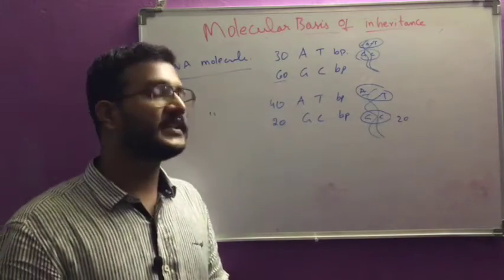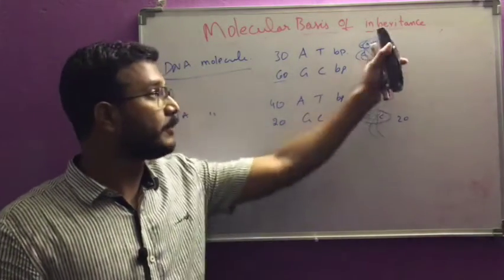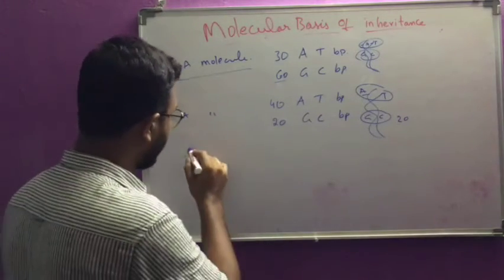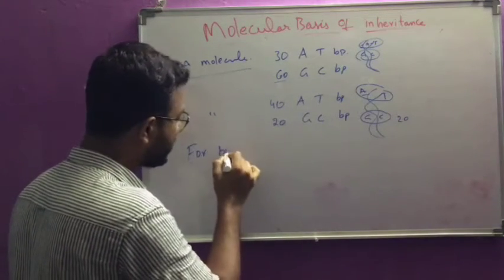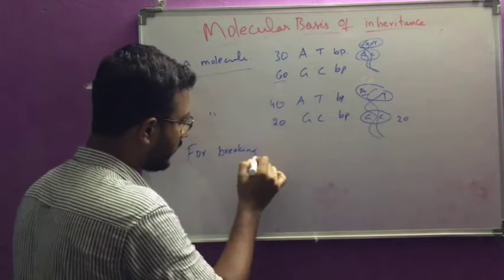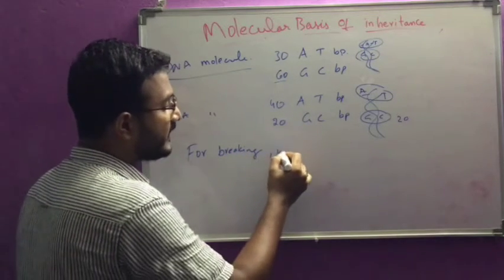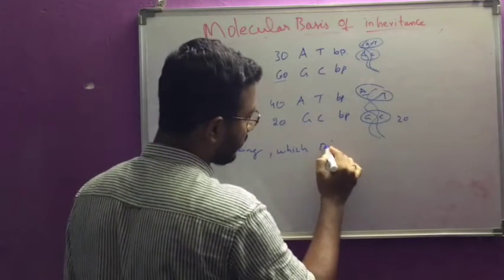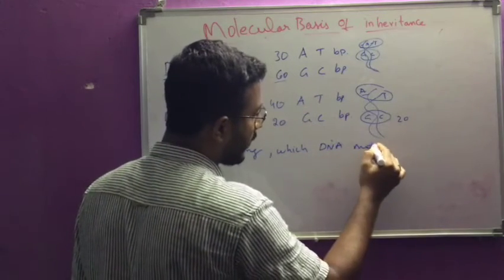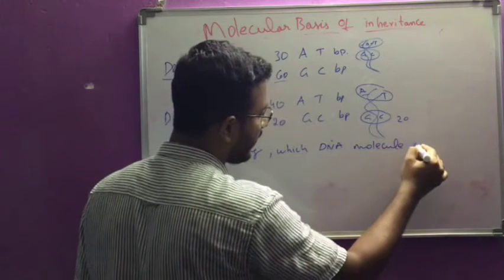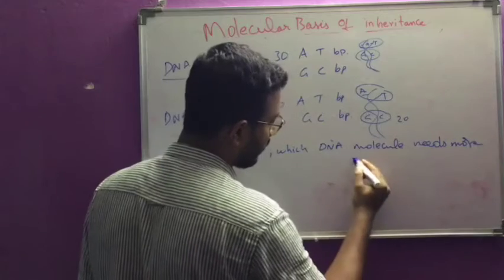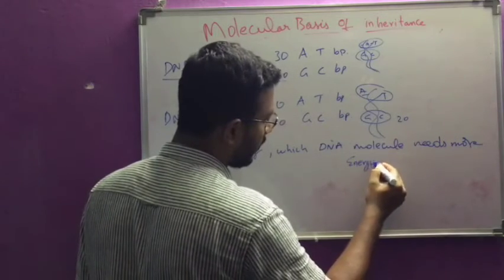So for breaking of these strands, which type of strand needs more energy? For breaking, we need energy because they are bonded by hydrogen bonds. Which DNA molecule needs more energy?